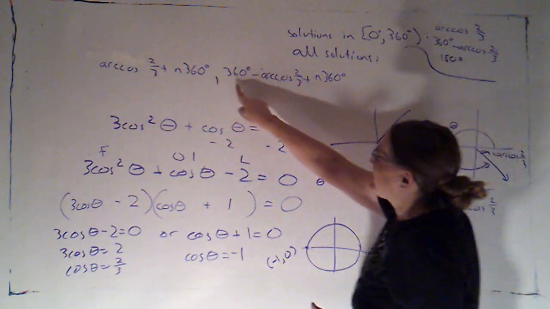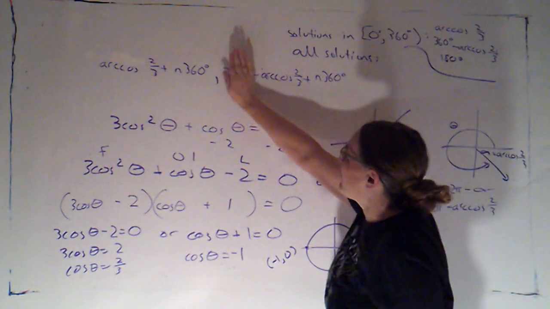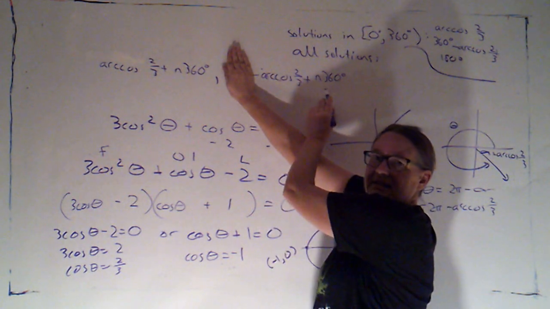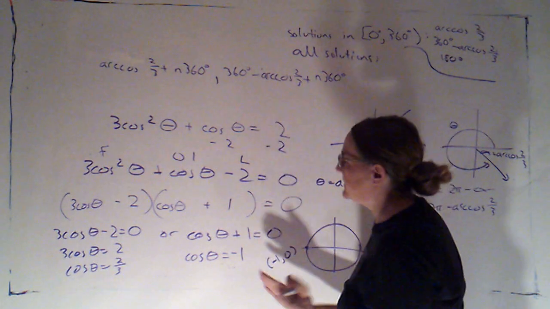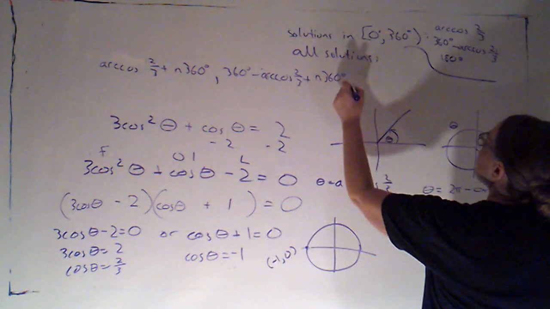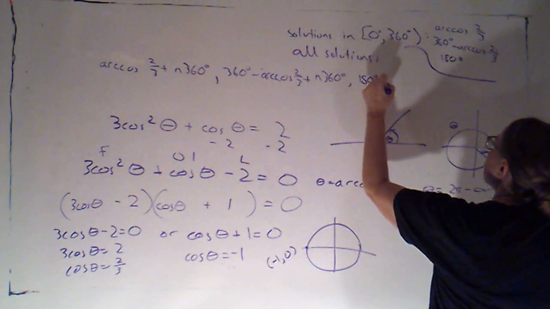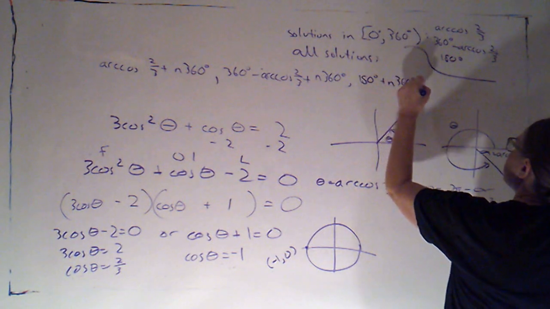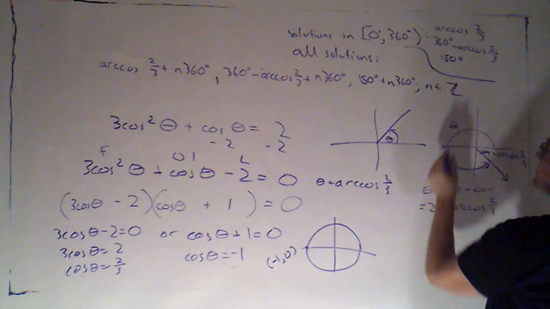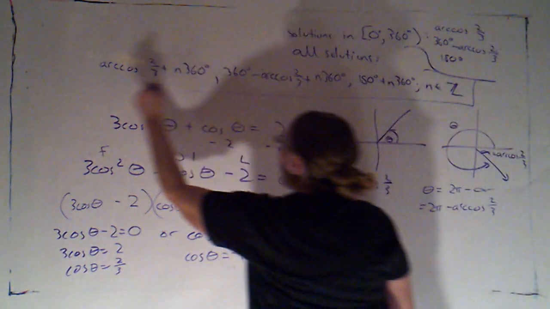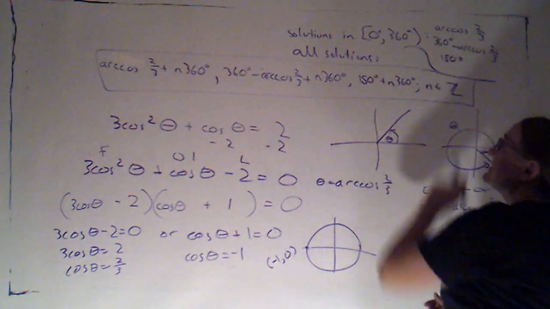And because that's just one copy of 360, if I want, I can let that be absorbed in here. So it's not necessary to write that, although it's certainly not wrong to either. And then I would have 180 degrees plus n copies of 360 degrees, and all of this where n is an integer. So that would give me all of my solutions to this problem.